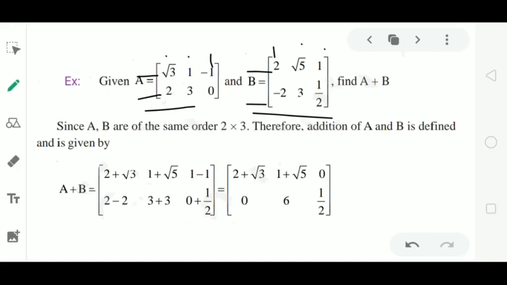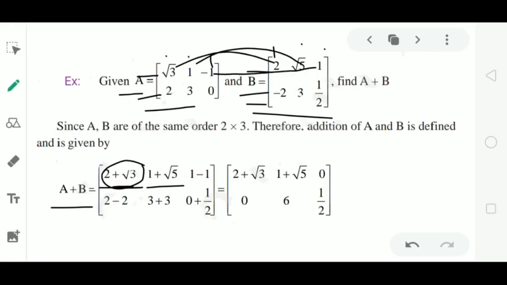Then their sum A plus B is a matrix obtained by adding the corresponding elements of A and B. That is root 3 plus 2 is written in the first place of A plus B. Remember that we already know root 3 plus 2 is same as 2 plus root 3, as addition of two numbers is commutative. That is A plus B is equal to B plus A. Similarly, second elements 1 is added to root 5, that is 1 plus root 5 written in the second place of matrix A plus B.